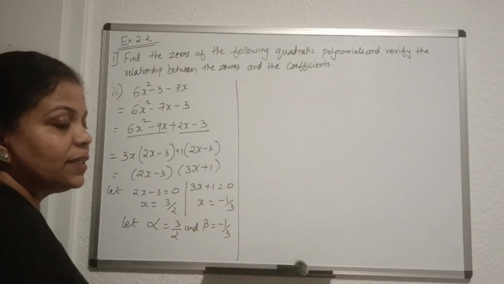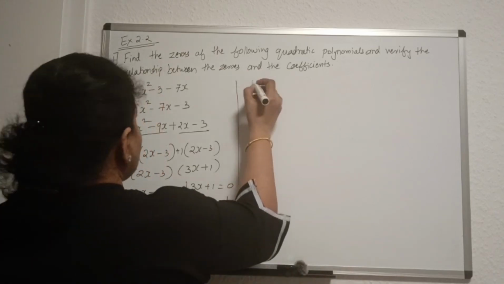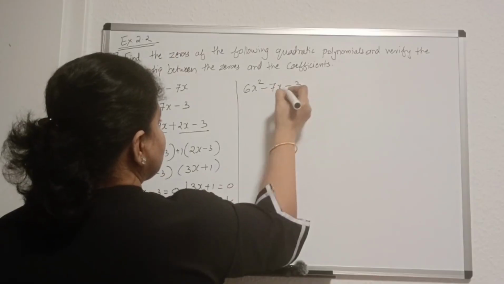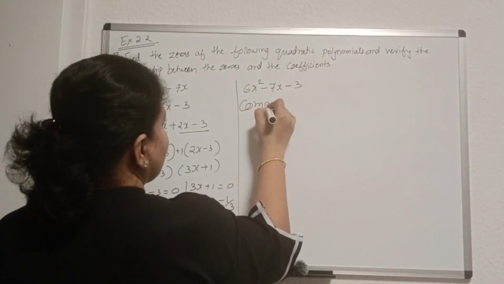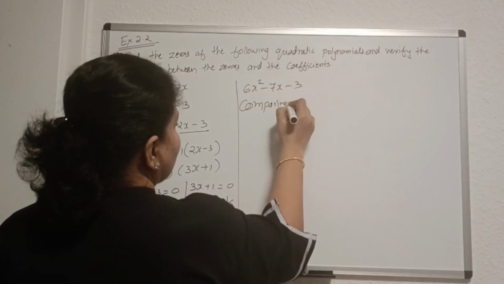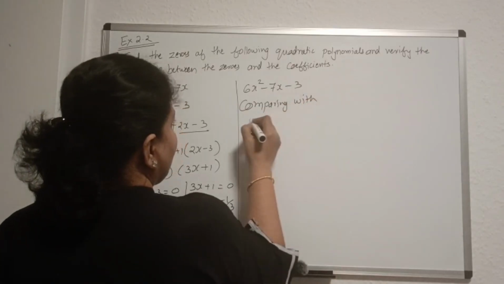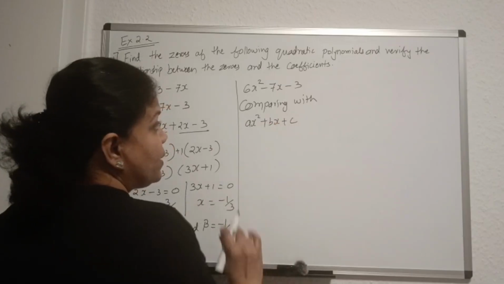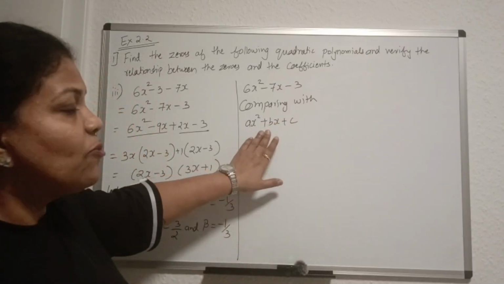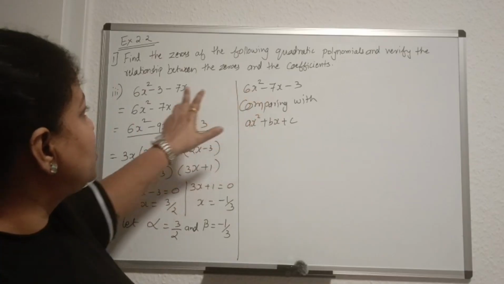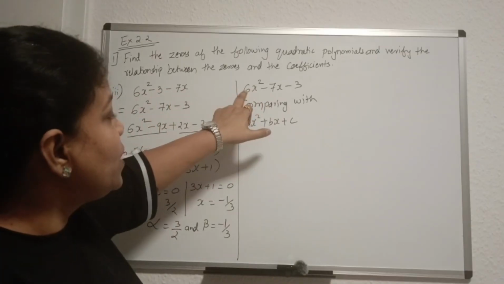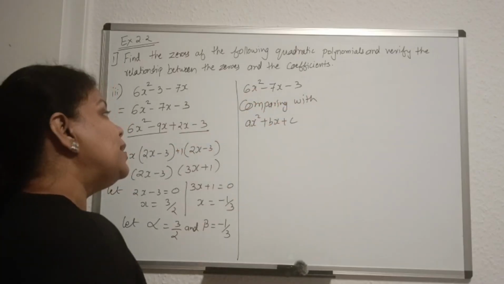The next immediate thing that we are doing is comparing this 6x square minus 7x minus 3, comparing with ax square plus bx plus c. See, my dear students, here before doing comparison, rearrange the terms, because in the question terms are given mixed, so you have to rearrange the terms as per the order and then you compare.